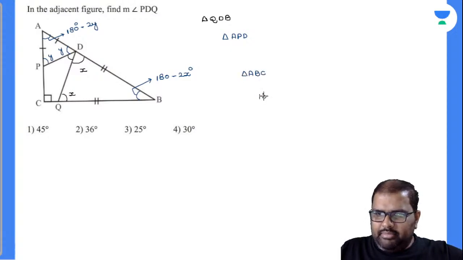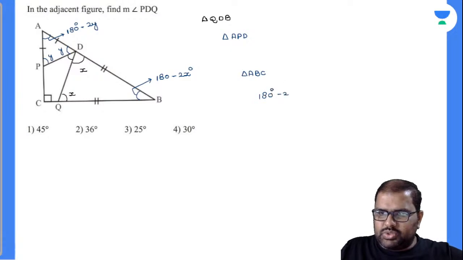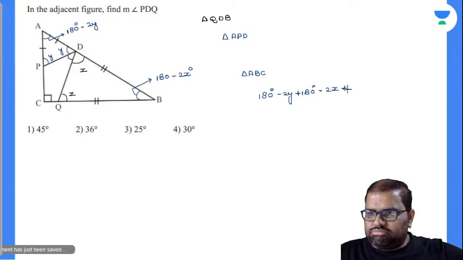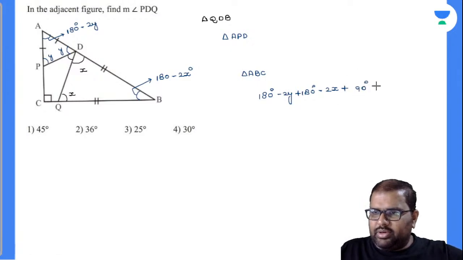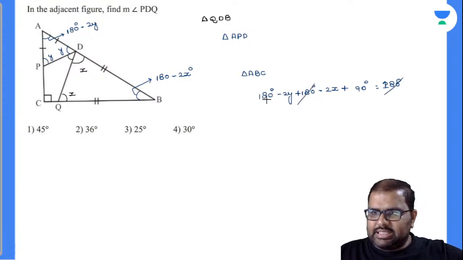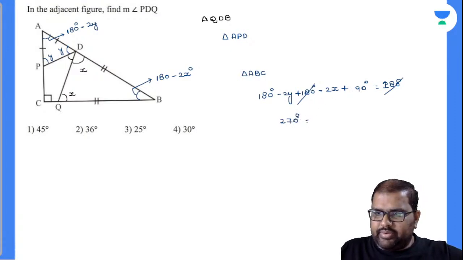So 180 degrees minus 2y plus 180 degrees minus 2x plus 90 degrees is equal to 180 degrees, since the sum of the angles of a triangle is 180. 180 gets cancelled. 180 plus 90 will be how much? Yes, it is 270.